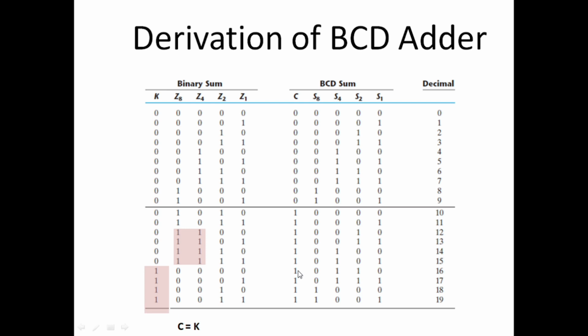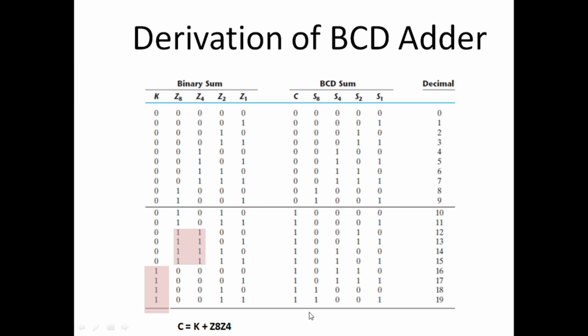And logically we can add this as Z8 and Z4. This AND term would include these 4 combinations, and we are still missing these 2 combinations, so we have to include these 2 combinations as well in the Boolean equation below.